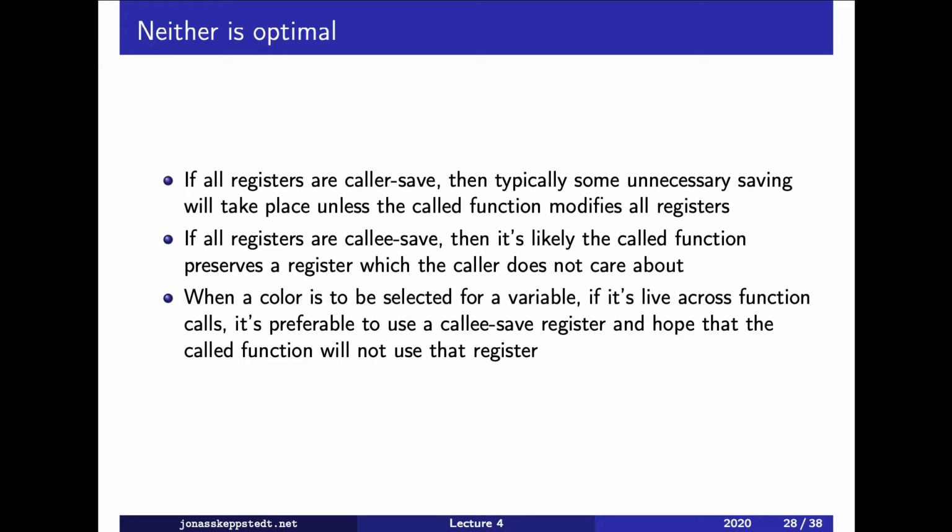So is it best to have caller save or callee save? Well, neither of them is optimal. If all registers would be caller save, then at each function call there would be a huge number of save instructions, I mean store instructions, before the call, and the same number of load instructions after the call.